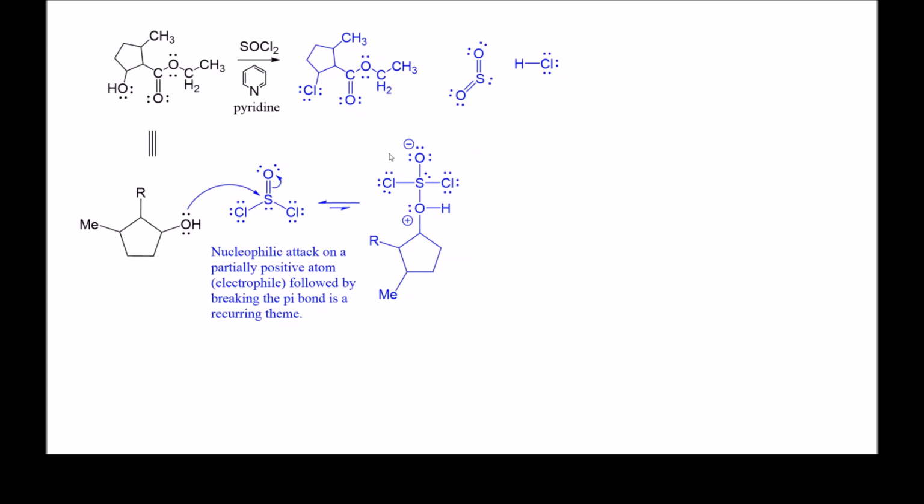The sulfur of thionyl chloride contains a very significant partial positive charge, so the partial negative oxygen throws its electrons as a nucleophile into the partial positive electrophile, and then this sulfur is going to break the weakest bond. And this idea where a nucleophile attacks an atom that has a pi bond and then that pi bond breaks is the start of almost every mechanism that you show in the second half of organic chemistry.